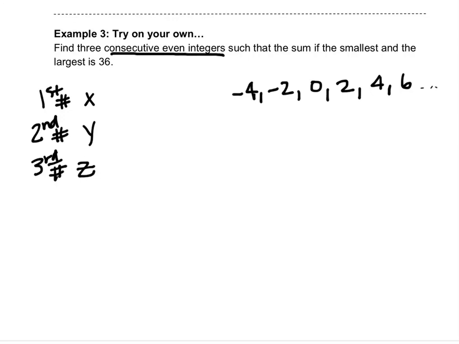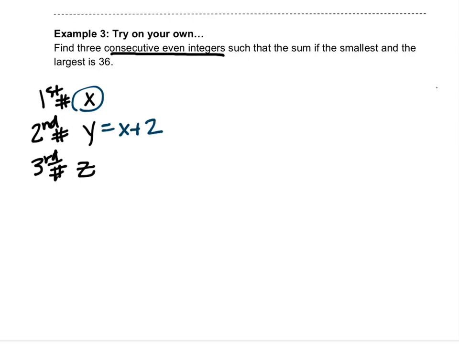And they always can move ahead. So if I'm working in that direction, if the first one is x, then I'm going to use the idea of x plus 2. Essentially, if I start with 10, in order to get to 12, I need to add 10 plus 2.